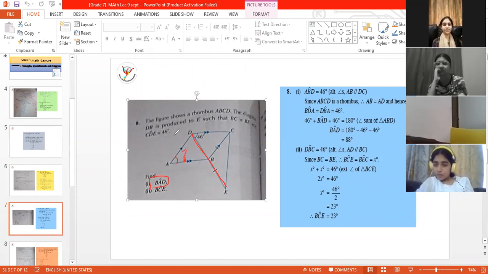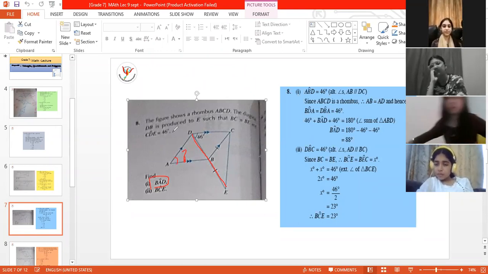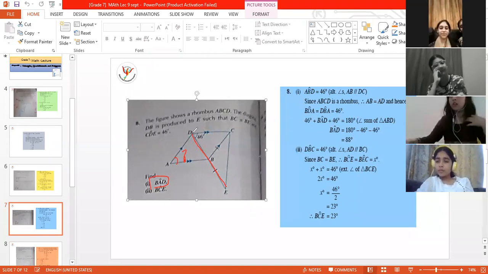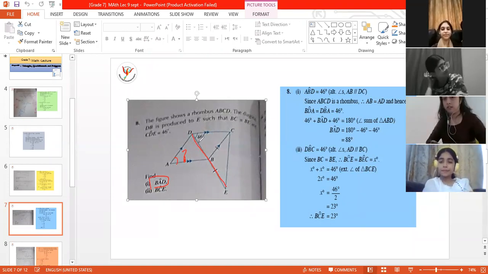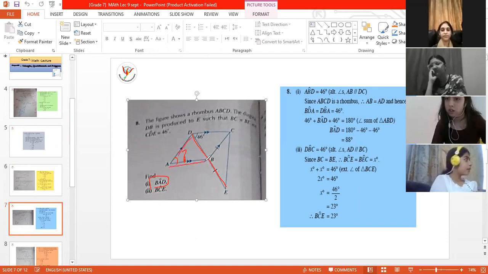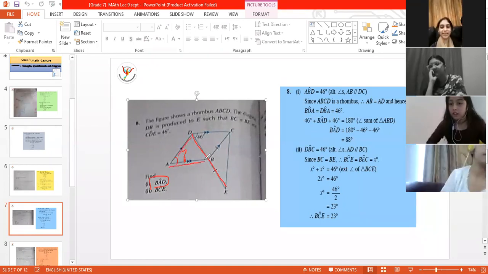Now you know the properties of the rhombus, that in a rhombus each side is equal. If sides are equal, then the angles will also be equal, right? If AD equals AB, then the angles will also be the same.